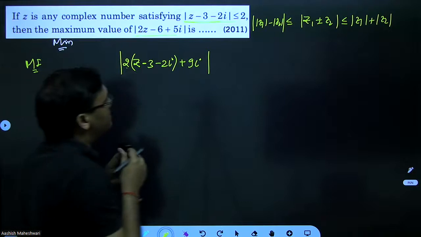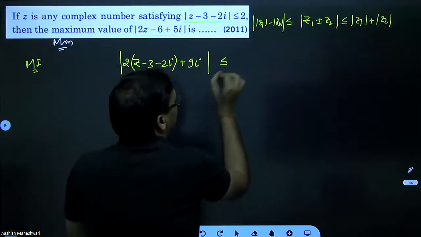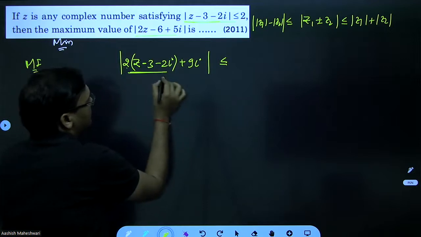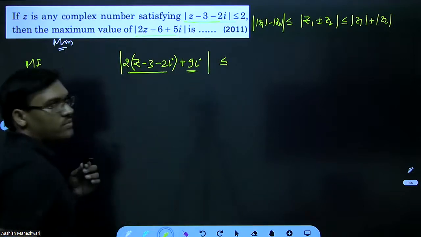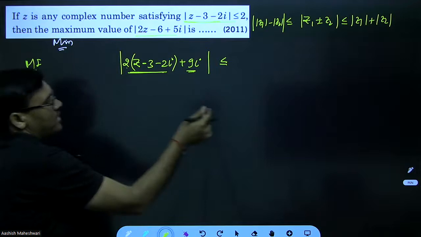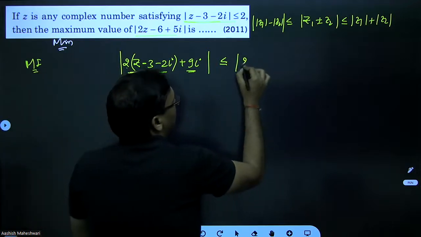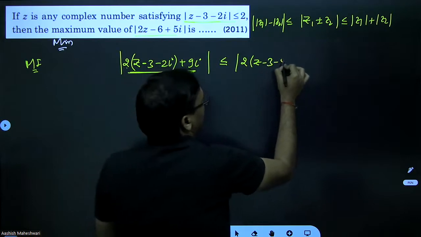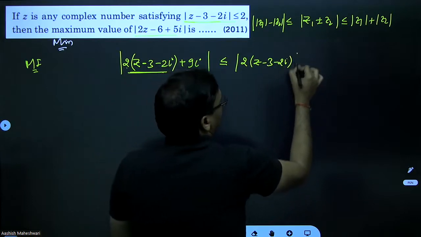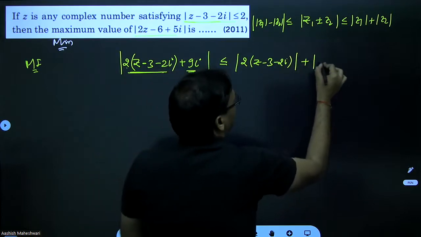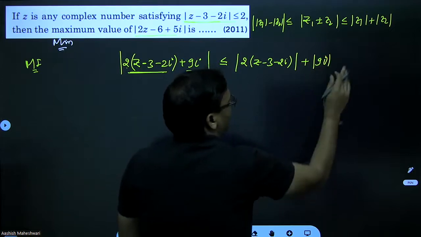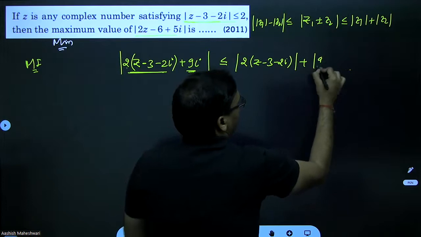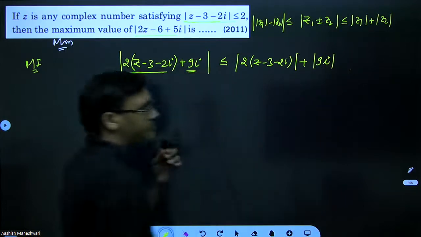Now from this you can see, this complex number is some complex number z1 and this is some complex number z2. So modulus of z1 plus z2 is less than or equal to modulus of z1 plus modulus of z2, which is plus modulus of 9 iota.